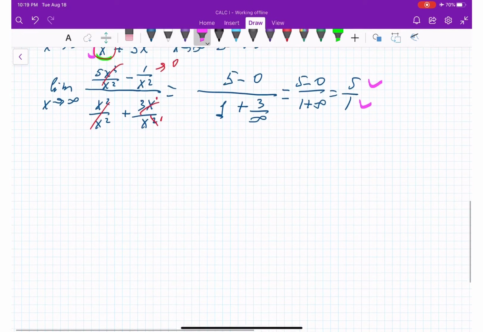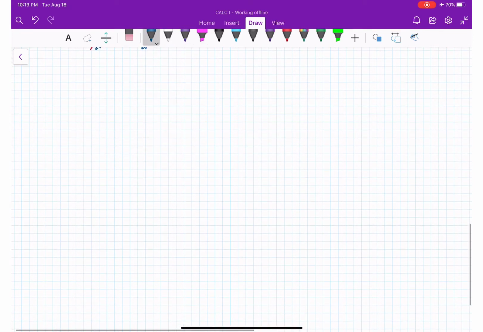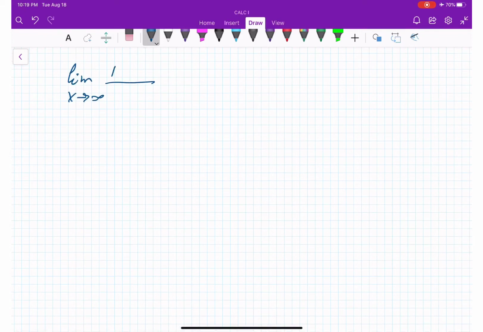Okay, let's do a couple of practice problems. If I write down the limit as x approaches infinity of (15x^6 - x^2) over (x^3 + 14x^6).